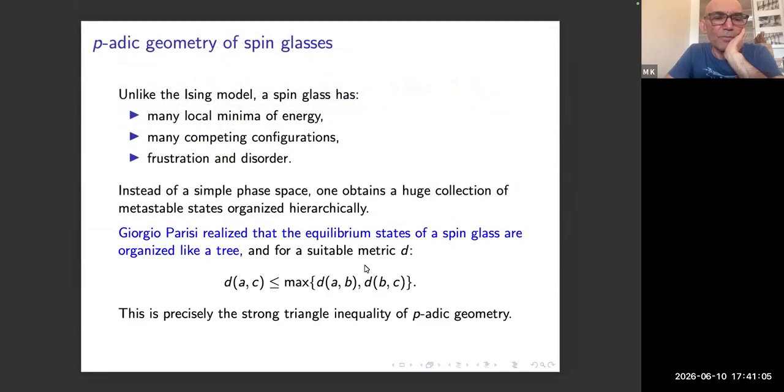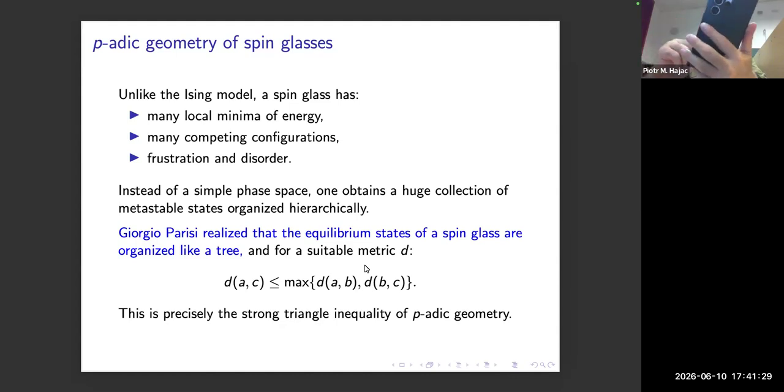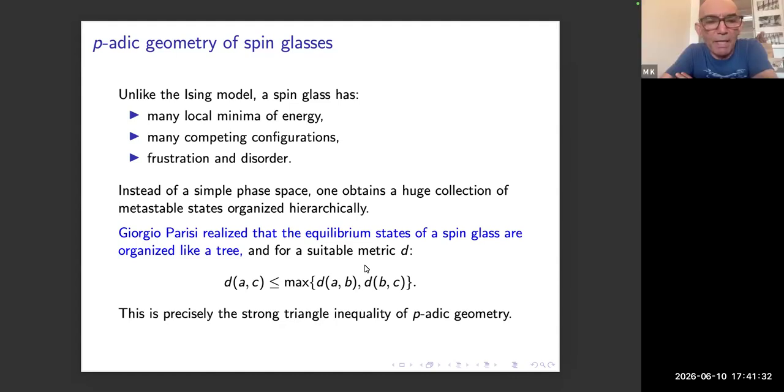thing about the work of Parisi about these spin glasses. Spin glasses are a special kind of material that are not like the Ising model because they're far more complicated, and they show properties that are glassy, in the sense that they can behave sometimes like a magnet, sometimes not like a magnet.